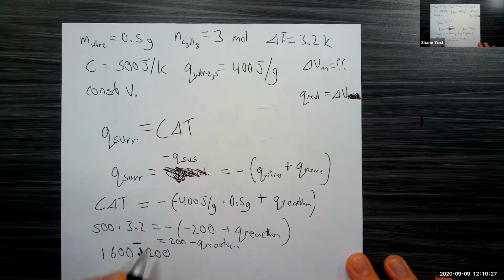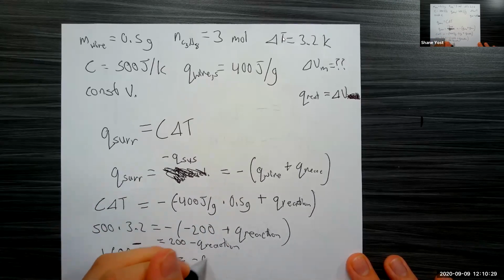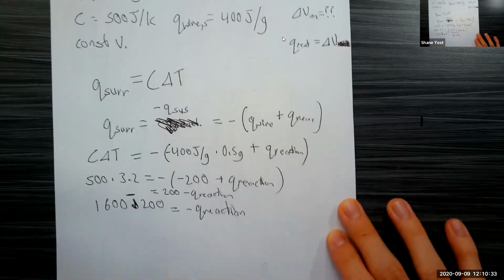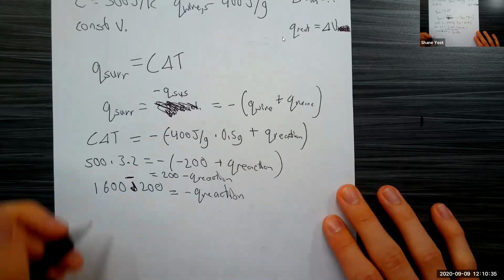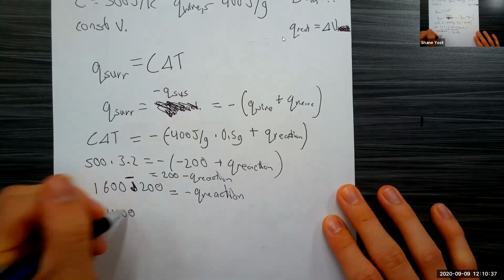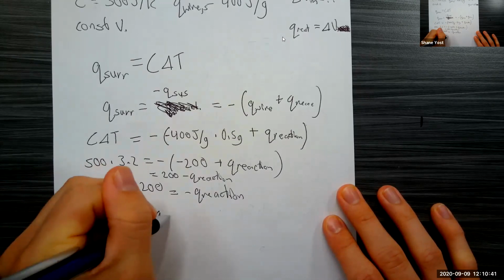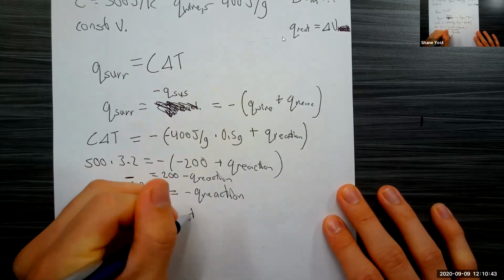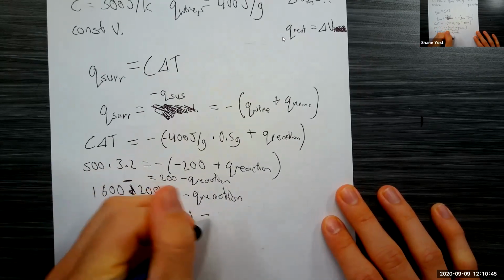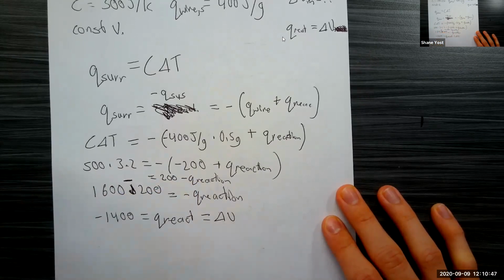So 1600 minus 200 equals minus Q of the reaction. So that's 1400, and put the minus sign on the other side. So the heat transferred from my reaction is minus 1400 joules, which is the internal energy change of that reaction.